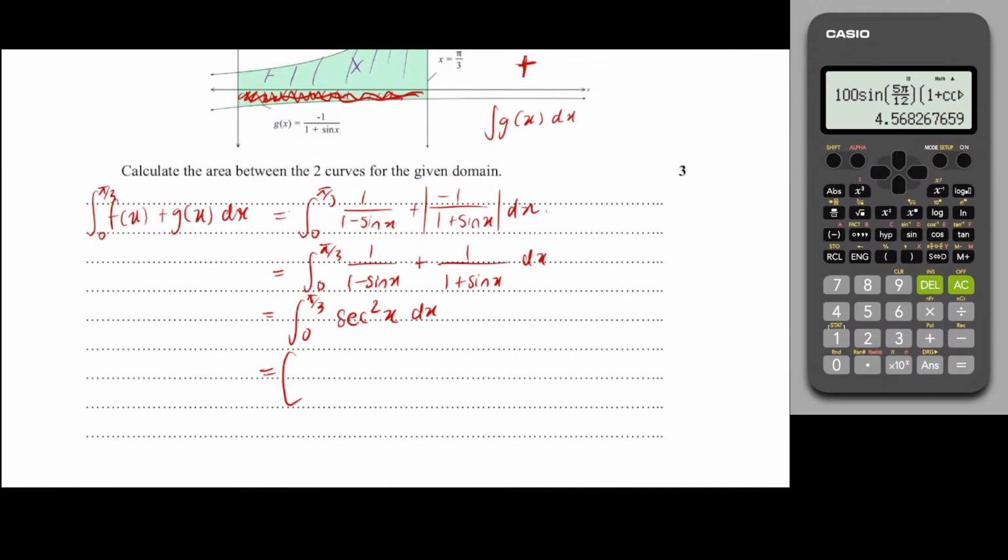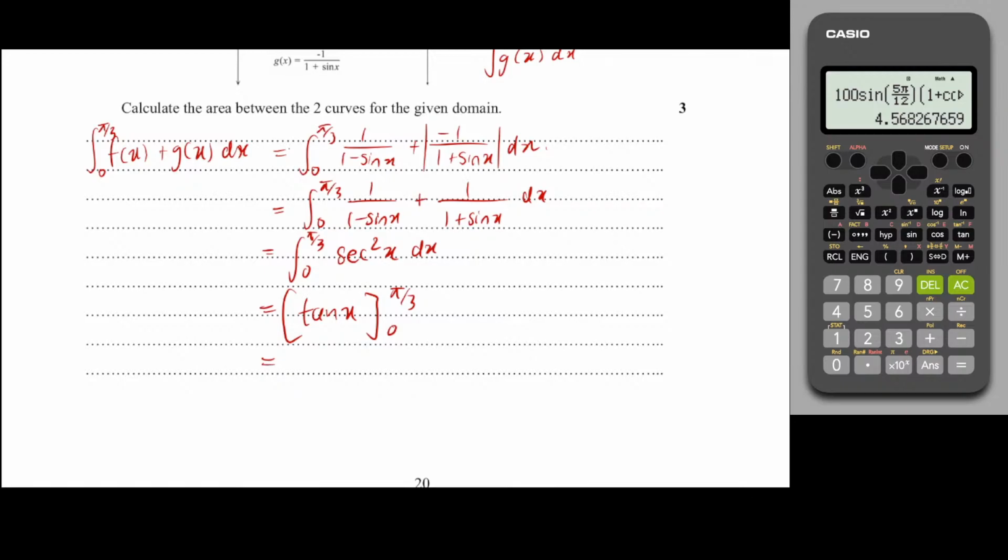The integral of sec squared, of course, is just tan x, and it runs from 0 to pi on 3. So it's going to be equal to... it's 2 lots of this, isn't it? It's 2 lots of tan x. So it's 2 lots of tan pi on 3, which is root 3, minus 0. So it's equal to 2 root 3 like that.